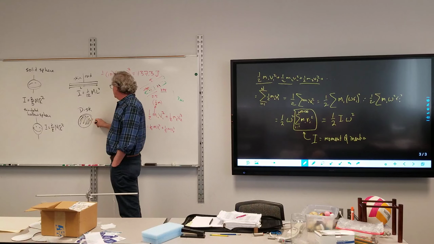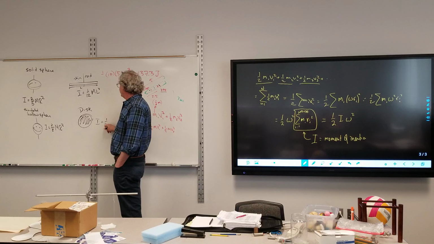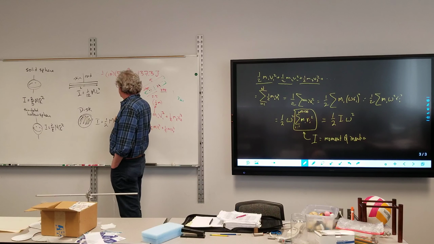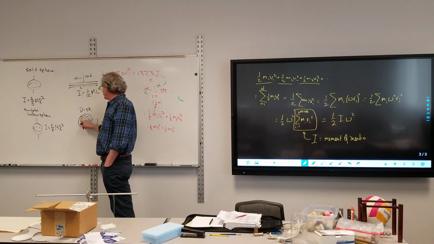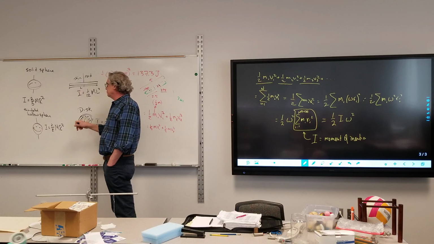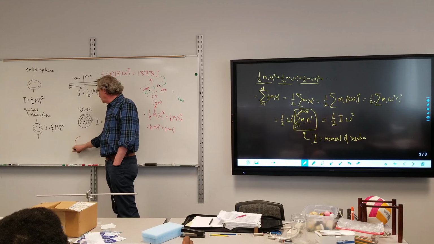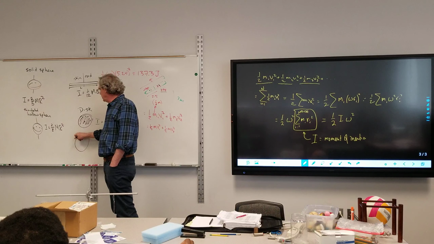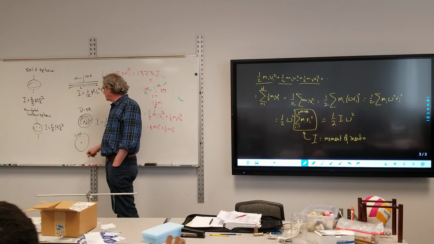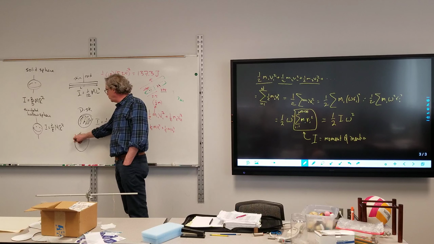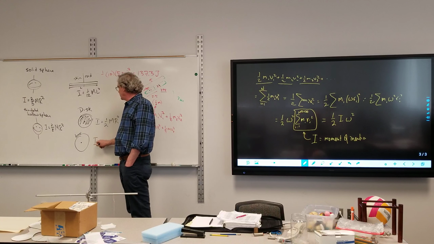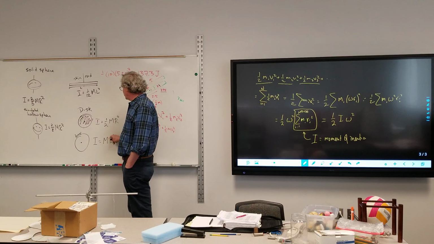I have a disk, the moment of inertia is 1/2 M R squared, rotating about an axis basically in and out. If I have a hoop rotating about a central axis, that is hoop, not loop, the moment of inertia is just M R squared.